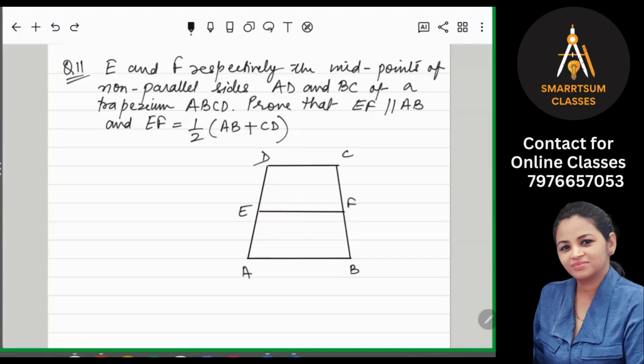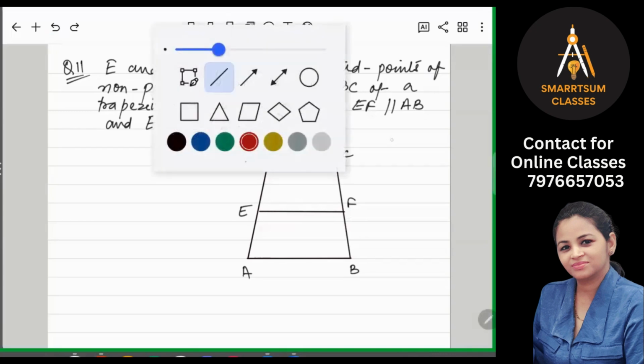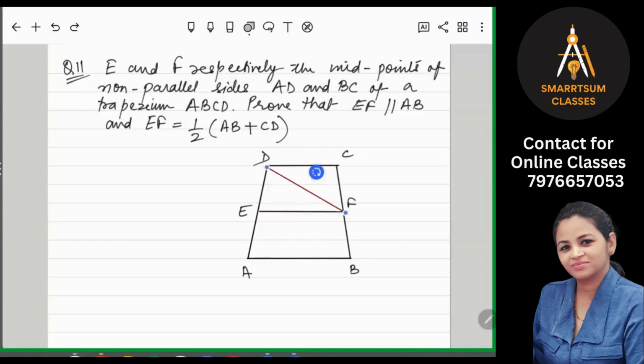Now, what we will do, we will join DF. We will do some construction here. We will join D and F, and we will produce it, and if we produce AB also, then they are meeting at a point here.